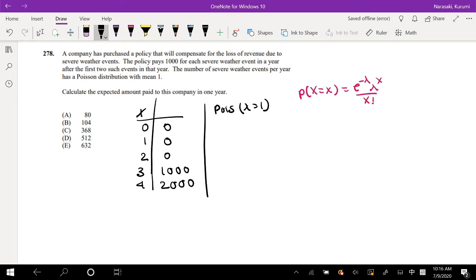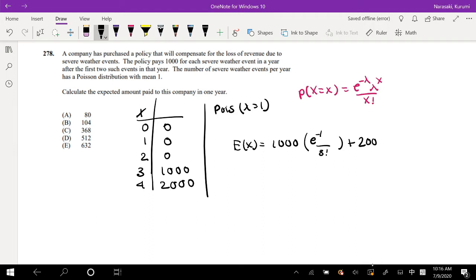So the expected amount is just equal to 1,000 times e to the negative lambda, lambda to the x over x factorial, plus 2,000. And we know that lambda in our case is 1. 1 to any power is just still 1, so I'm going to leave that part out. But then the denominator is 3 factorial because x is equal to 3 at that point.